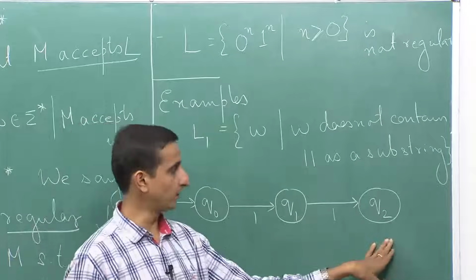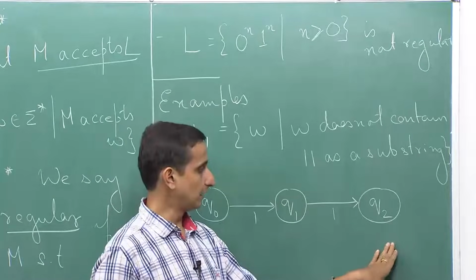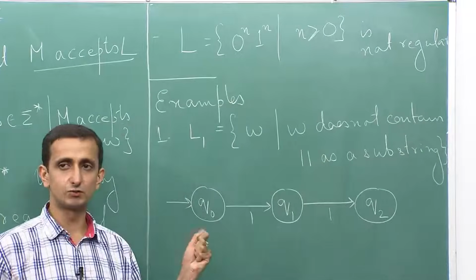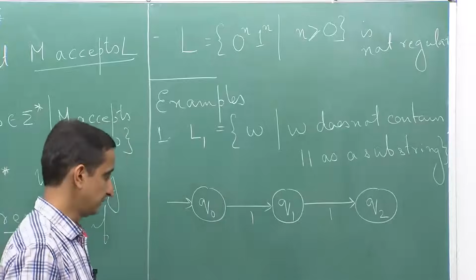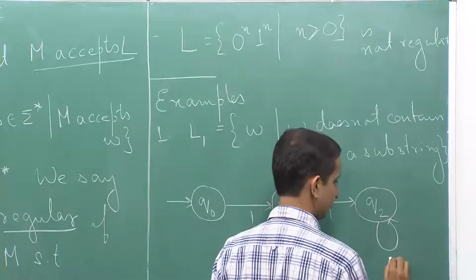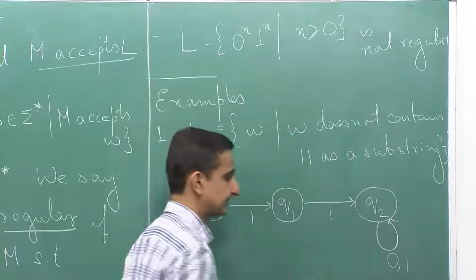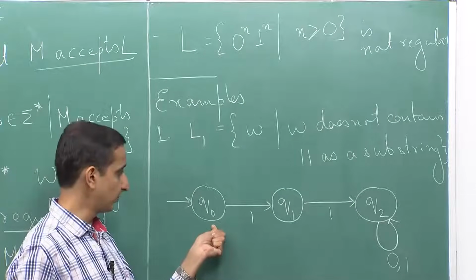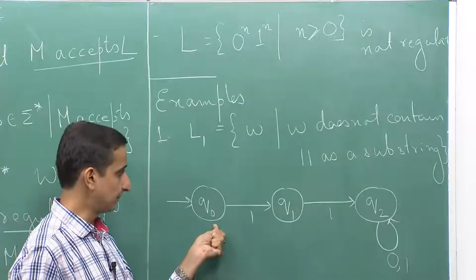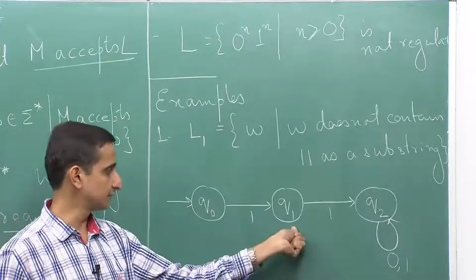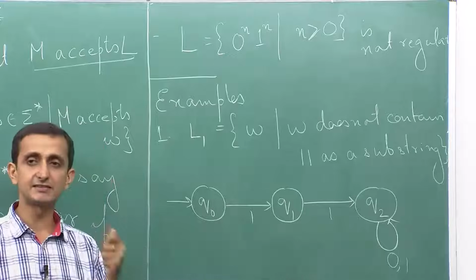Q2 will correspond to the state where I have seen two successive ones, two ones which are next to one another. If I reach Q2, I am going to stay at Q2 no matter whether I see a 0 or 1 after this. Q0 is going to correspond to a state where I have not seen a single one, and Q1 is going to correspond to a state where I have seen just a single one.